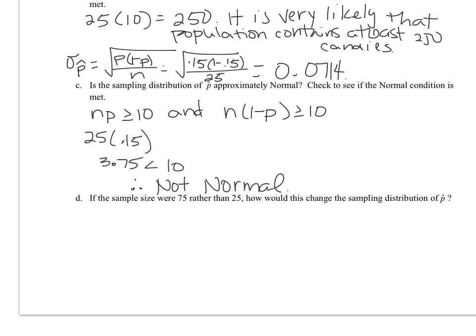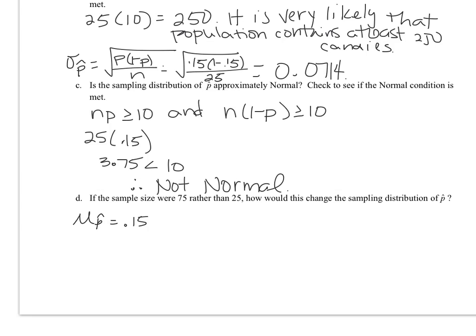All right, now for part D. If the sample size were 75 rather than 25, how would this change the sampling distribution of P hat? So we would know that the mean would stay the same. So mu sub P hat would still be 0.15. The spread, the standard deviation, will change because remember, as sample size increases, standard deviation or variance decreases, right? The amount of variability.